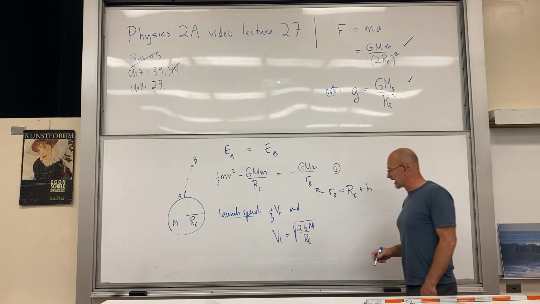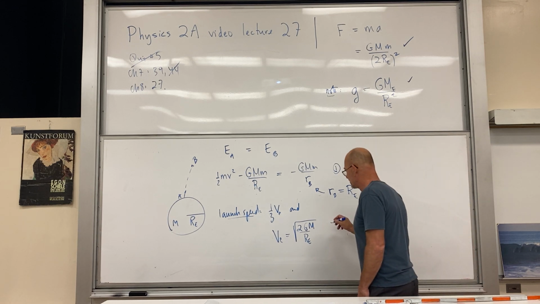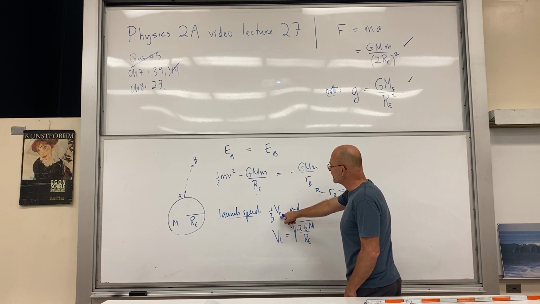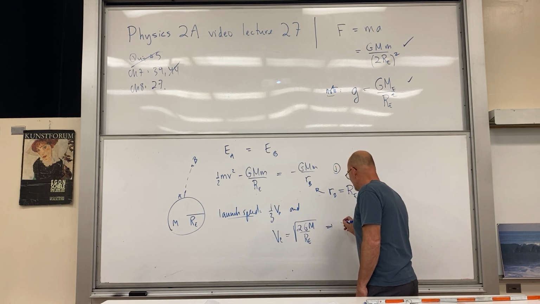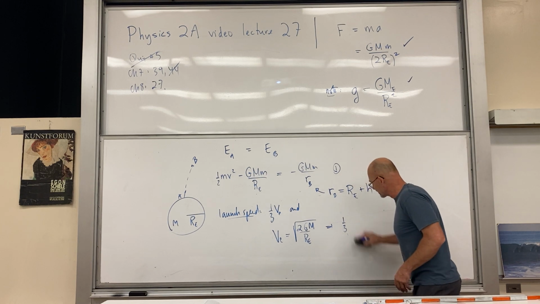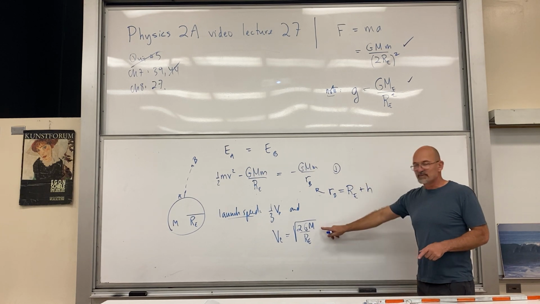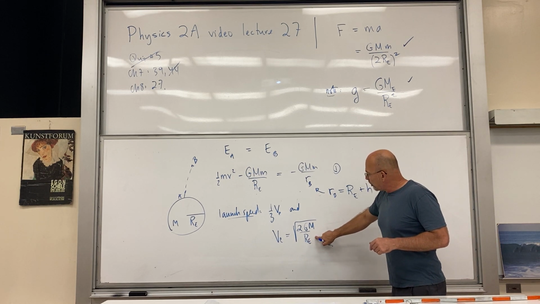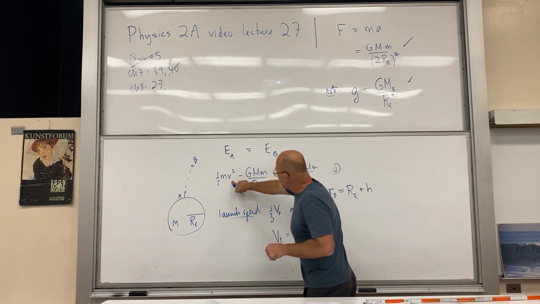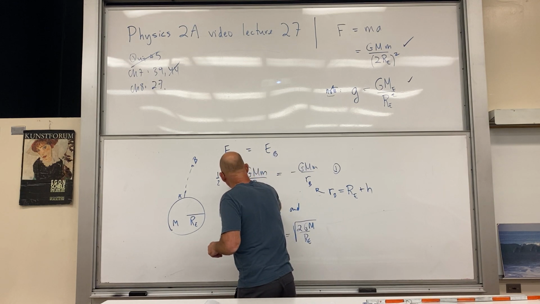Yes, v escape. So that is the escape speed. I just looked at it, it's true. So we have 1/3 of that to be plugged into here. Let's go ahead and call that v sub A.